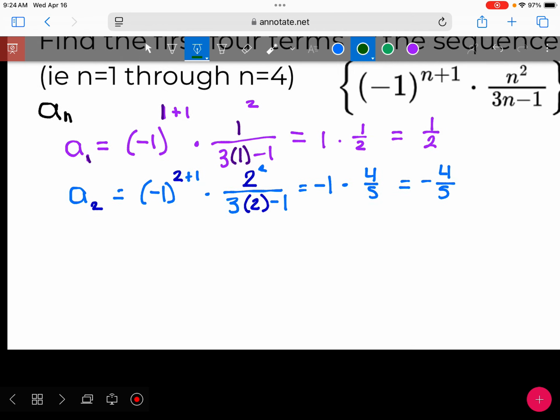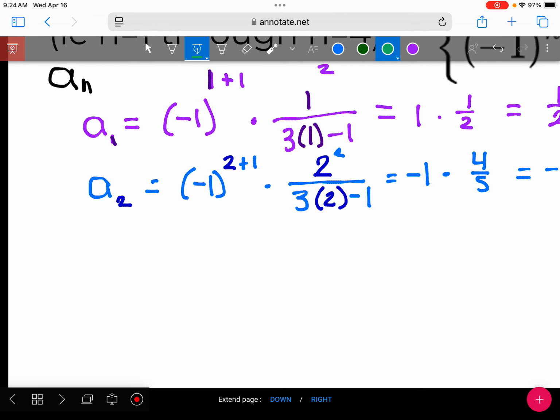Same thing for a sub 3 for our third term. So substitute all your pieces in.